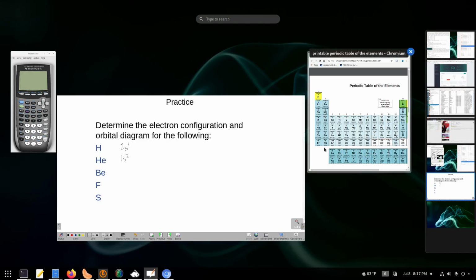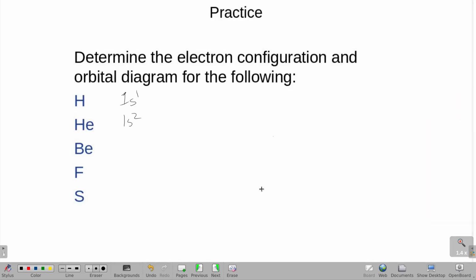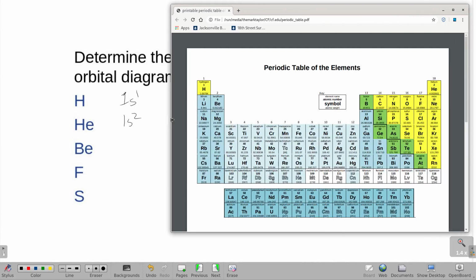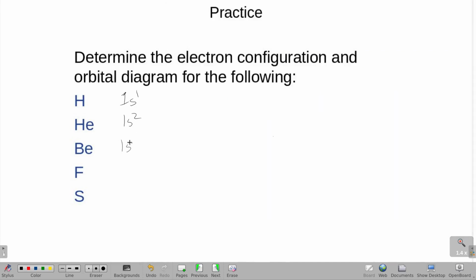Alright, next we're looking at beryllium. Beryllium is right here. So the 1s orbital is totally filled, and the next 2 electrons go into an s orbital. So 1s2, 2s2.